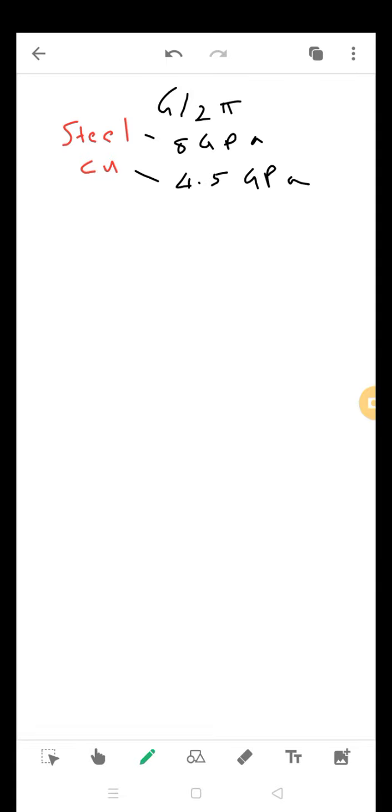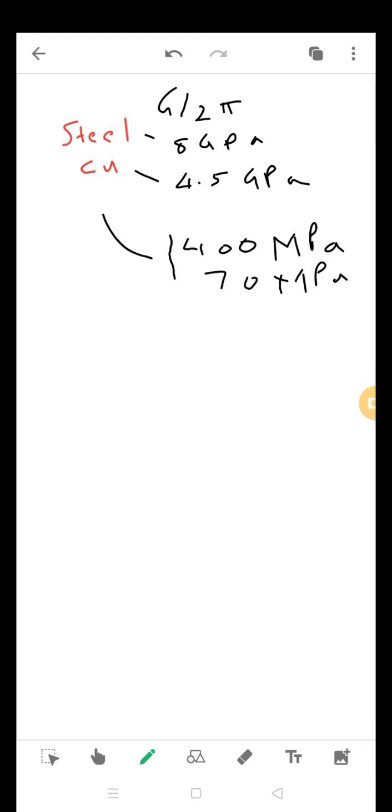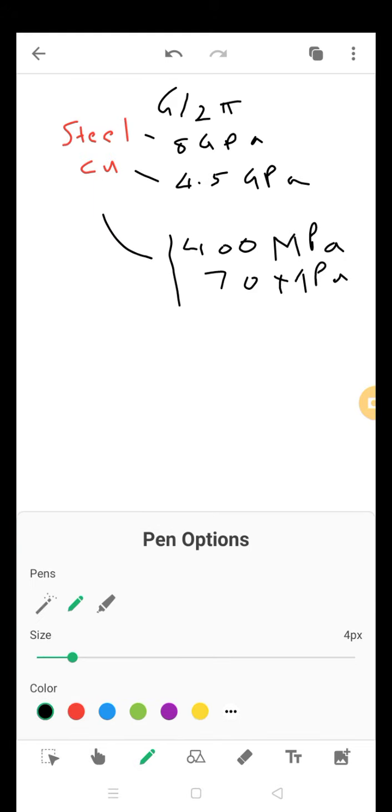So these are the theoretical strengths. However, the observed strengths are of very low value: 400 megapascal for steel and almost 70 megapascal for copper. These are the observed values.